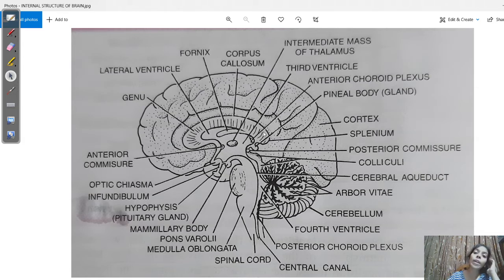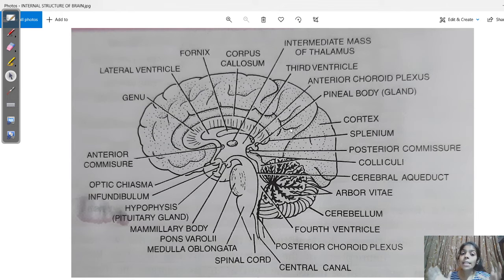Let me tell you one thing. The brain has a certain degree of lateralization, which means the right side of the brain will control the left side of the body, and the left side of the brain will control activities of the right side of the body.